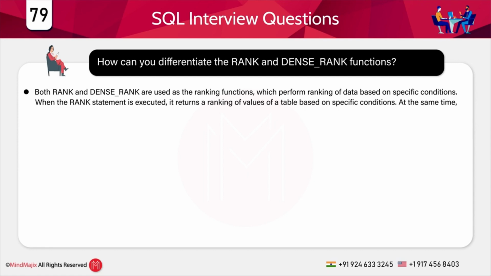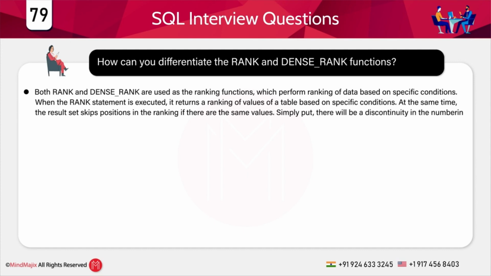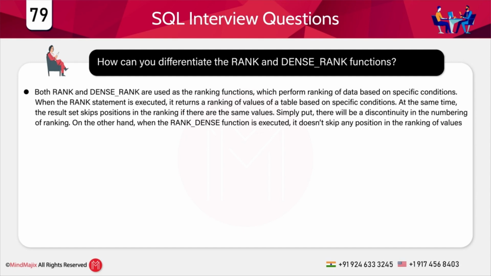At the same time, the result set skips positions in the ranking if there are the same values. So simply put, there will be discontinuity in the numbering of the ranking. On the other hand, when the dense rank function is executed, it doesn't skip any position in the ranking of values, even though there are the same values present in the table. So it returns continuous numbering of the ranking.